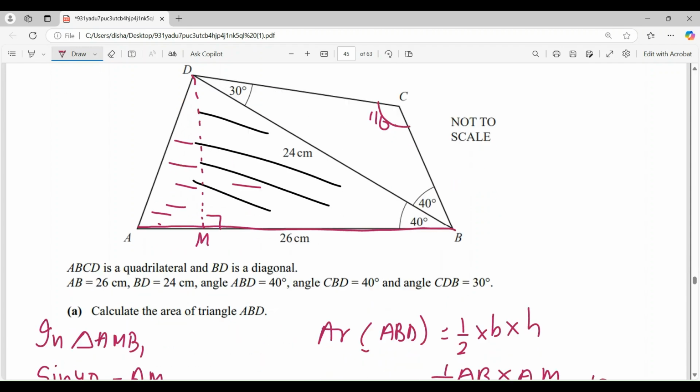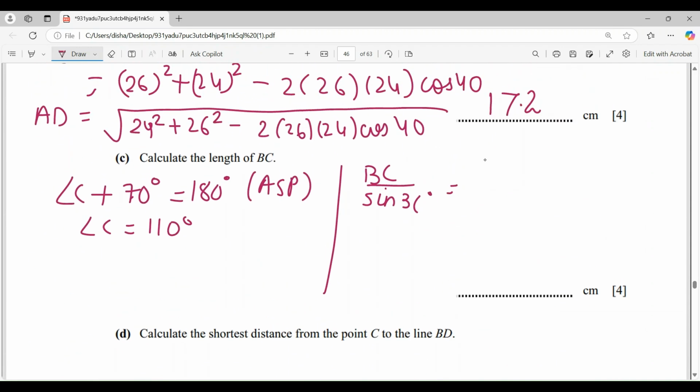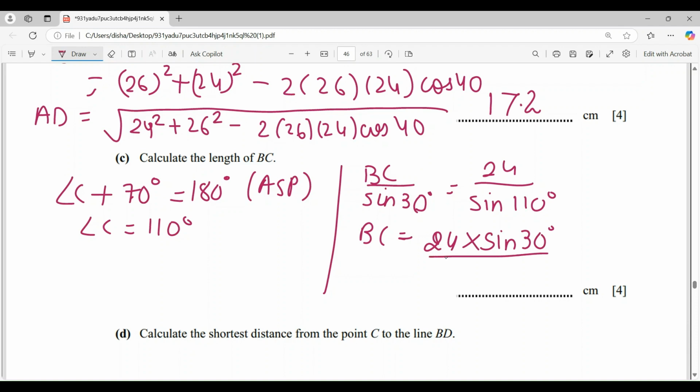So 24 upon sine 110. So simply substitute the values and calculate using your calculator. You'll have sine 30 is 1 by 2 upon sine 110. So calculate it, you'll get it as 12.8 centimeter.